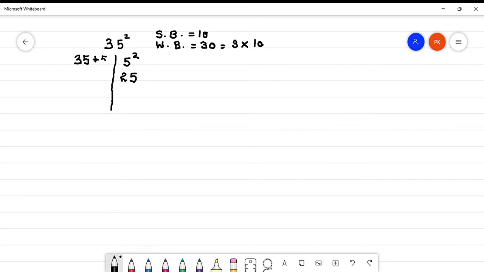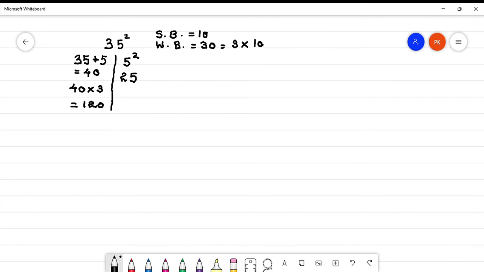So 35 plus 5, that is 40. Now, here I'll take one more step. Because the working base is 3 times standard base, I'm going to multiply this 40 by 3, that is 120.